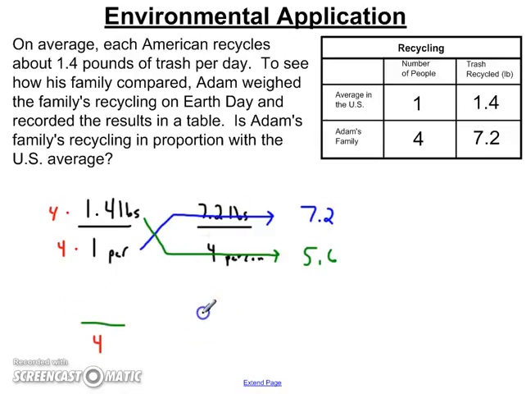Again, this one over here is already 7.2 over 4, so I wouldn't have to change that one. 1.4 times 4 for my numerator here would be, oh, we already did it, it's 5.6. So if we wanted to figure out which one was in greater proportion, in this particular case, Adam's family, this one over here, is in greater proportion, is above the average of Americans.